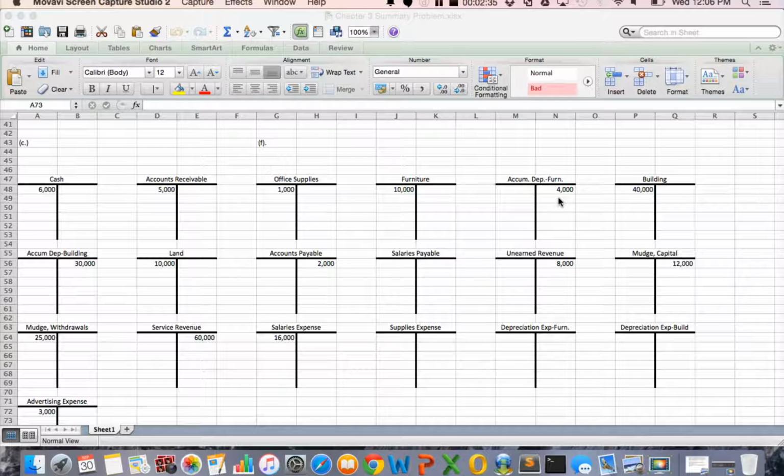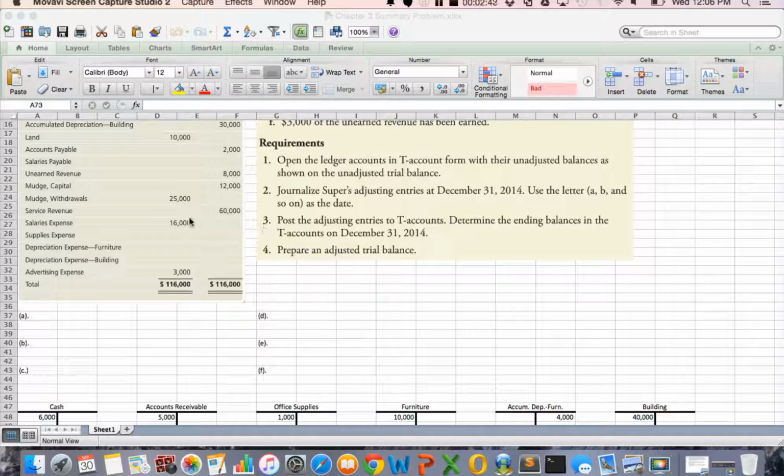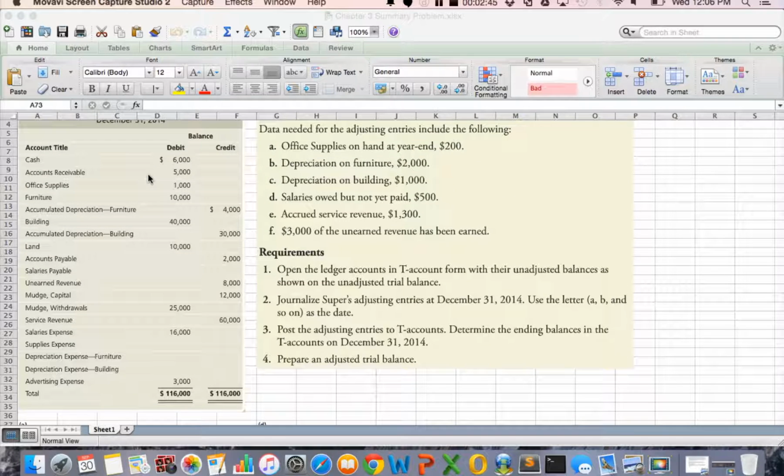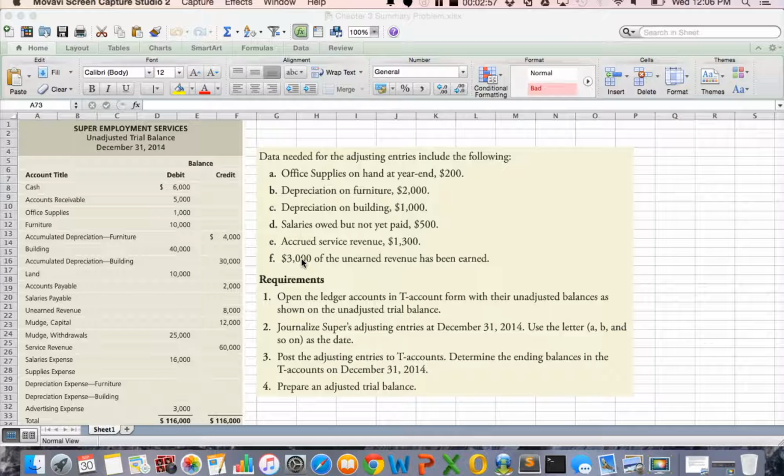So also on the quiz, I will do step 1 for you. You will have a list of all the T charts that relate to, or should be identical to, all of the accounts you see here in the ledger. So all you have to do is step 2, 3, and 4. Step 2 is going to be to take this information, and on the quiz I probably won't do as many.